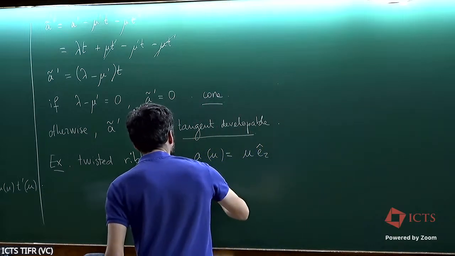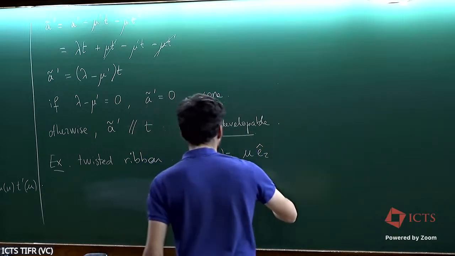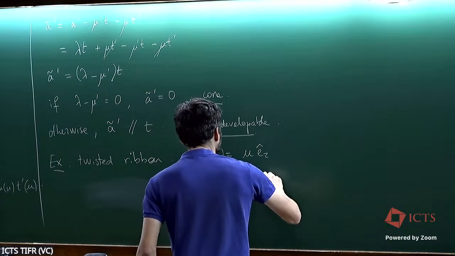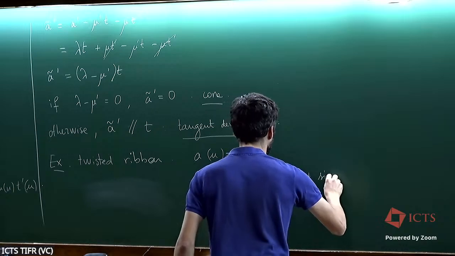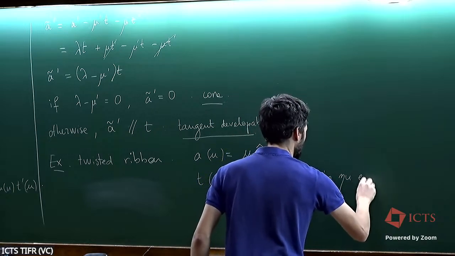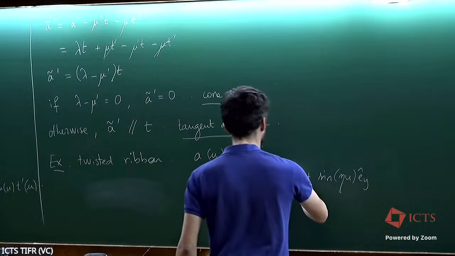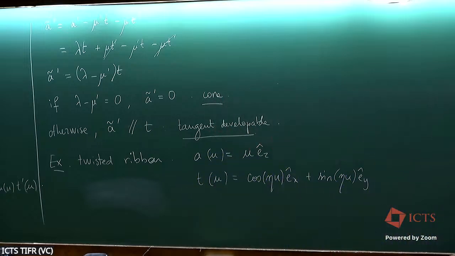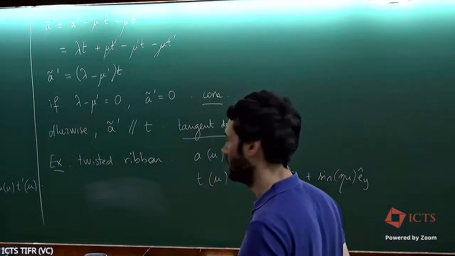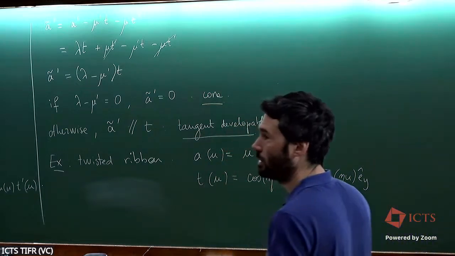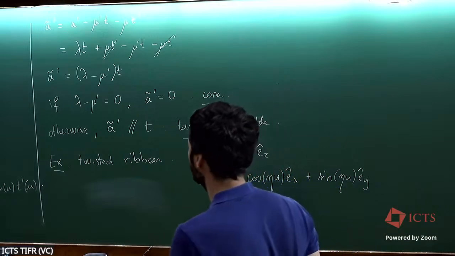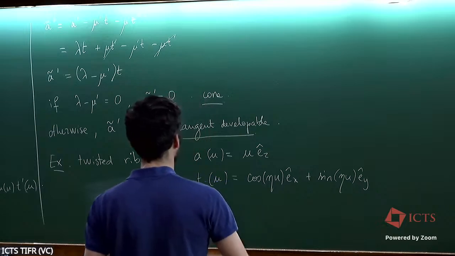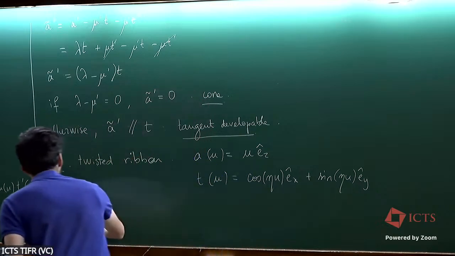So t of u will be cos eta u e x plus sine eta u e y. So eta is the twist rate in this direction, and we can wonder, is the Gaussian curvature 0 here? Does it satisfy this condition? So a prime is just easy.